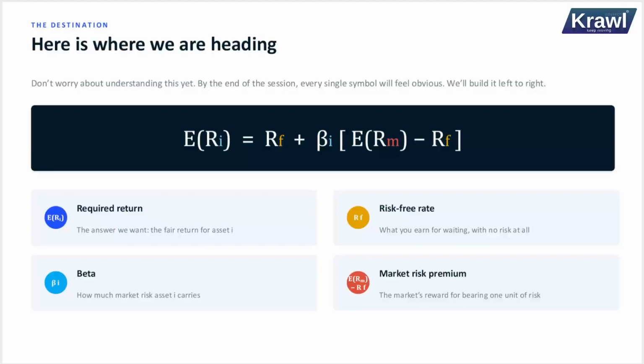So this is what we say is the expected return. Expected return is equal to the risk-free rate, combined with beta times the expected market rate minus the risk-free rate.